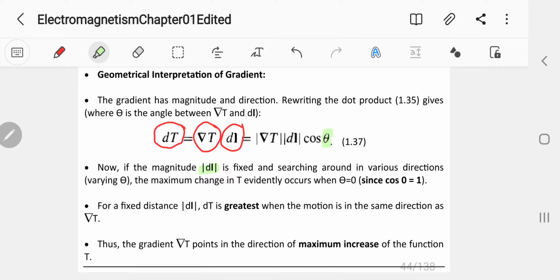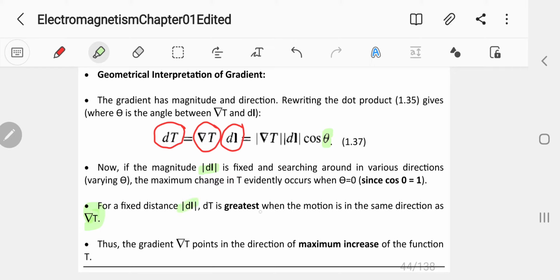So for a fixed distance dl, dT is greatest when the motion is in the same direction as gradient of T. This is fixed.